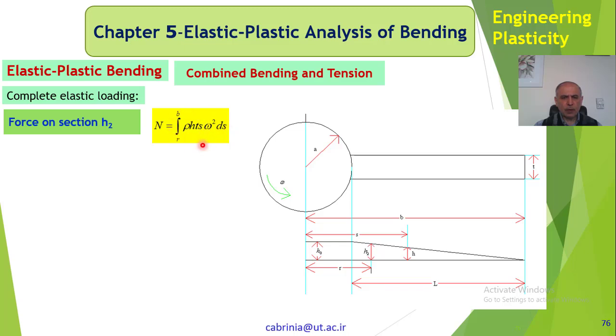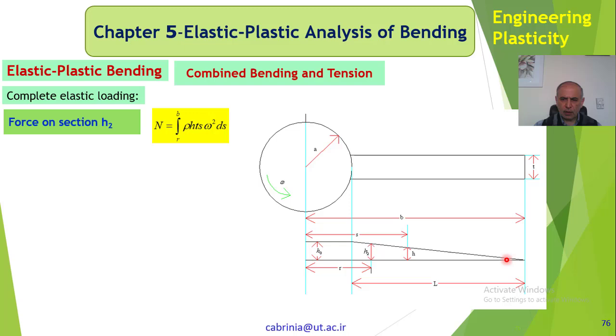Let's have a look at this. Rho is the density of this material. H is for the section that we are considering, H2. The material in front of it is this triangular shaped material.